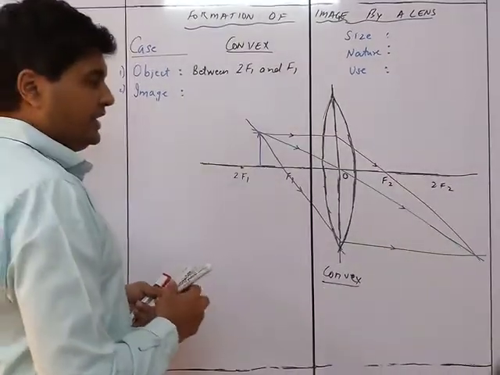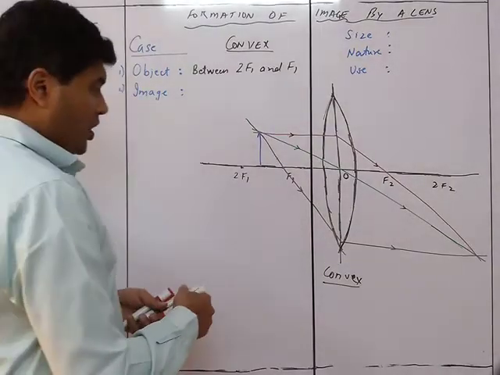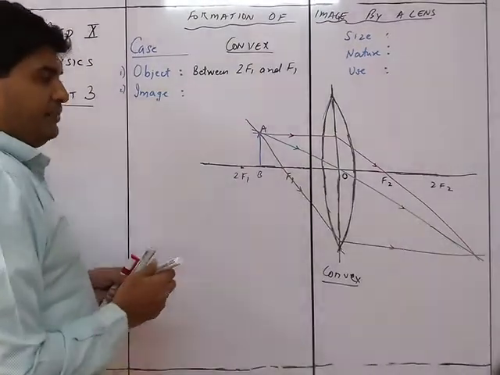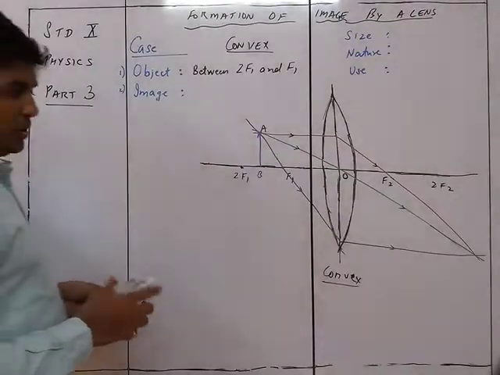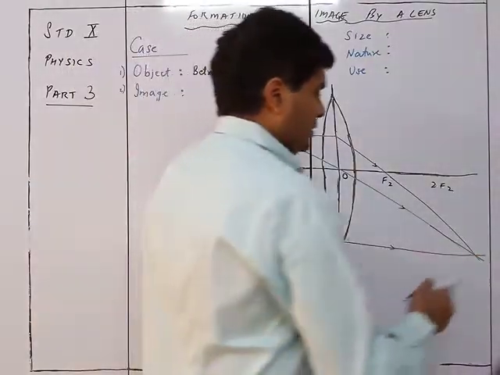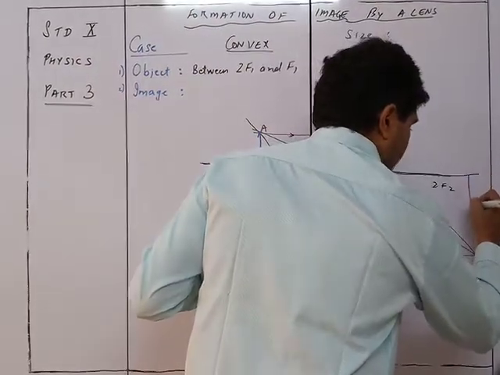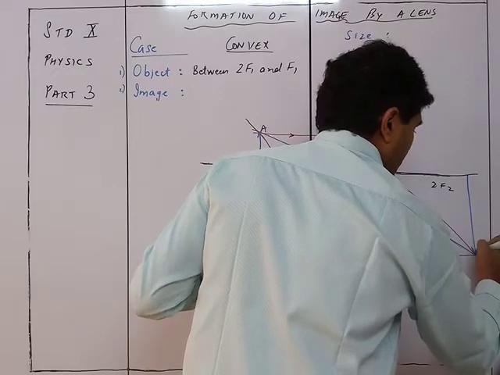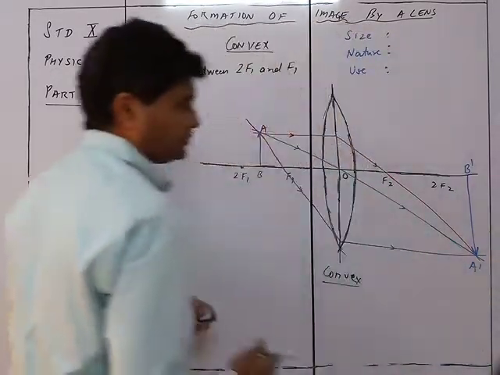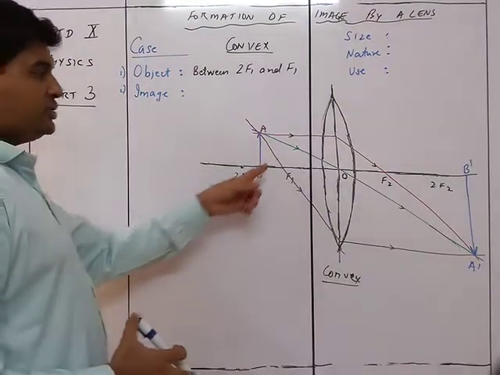So these are the three rays from the point A of the object AB. Okay. So accordingly we see that the intersection is over here. So that is a point which is beyond 2F2. It is B dash and A dash. Understood?